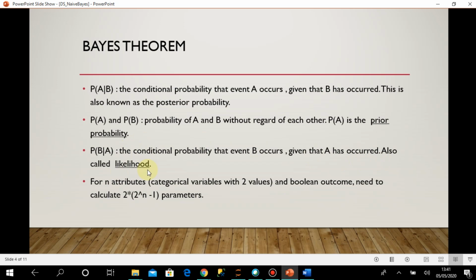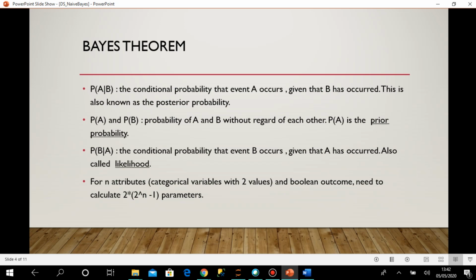When we discuss naive Bayes, we are going to refer to these probabilities as posterior probability, prior probability, likelihood, etc. in our discussion. So it is important that you understand the names given to the different probabilities.